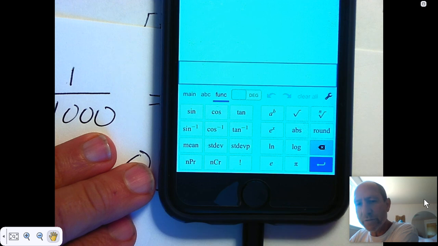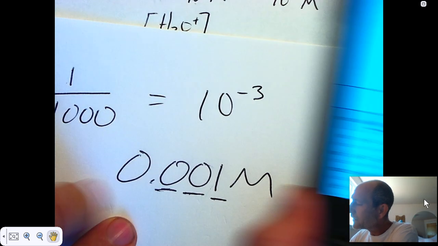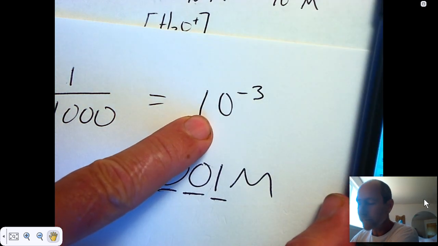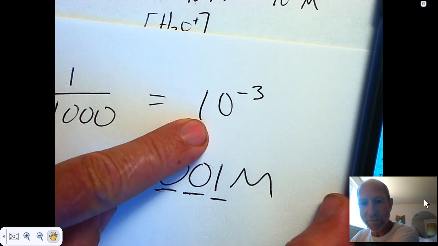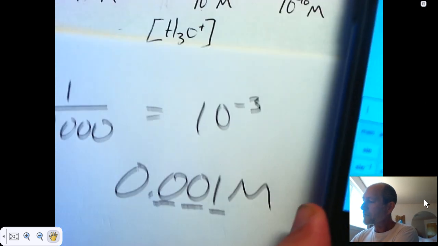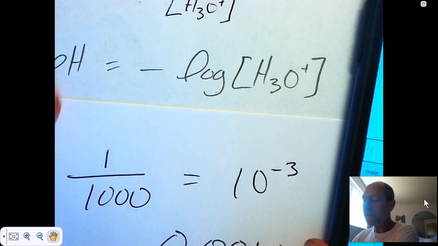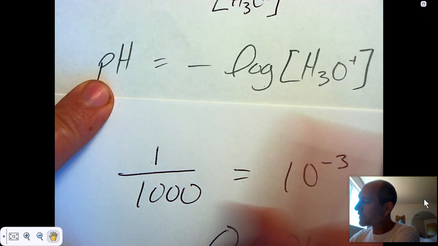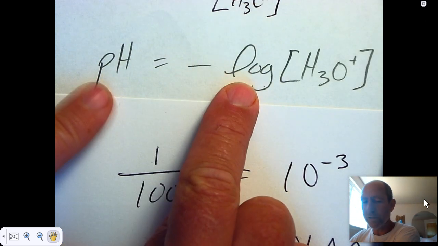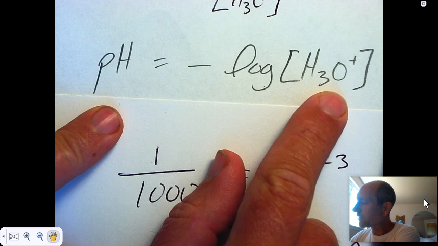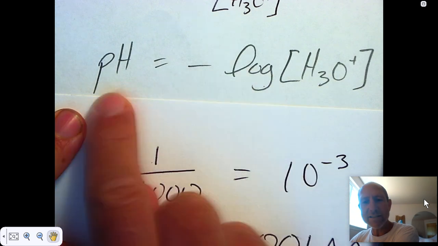So what we want to do is figure out how they're getting from this number to a pH of 3. And here's how. It turns out that pH is equal to the opposite of the log of the hydronium ion concentration. And humans invented this.